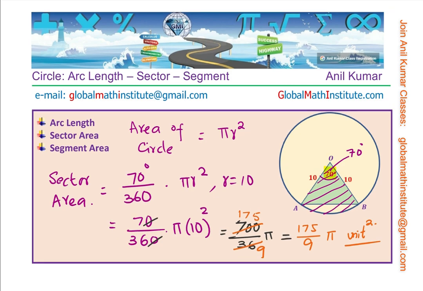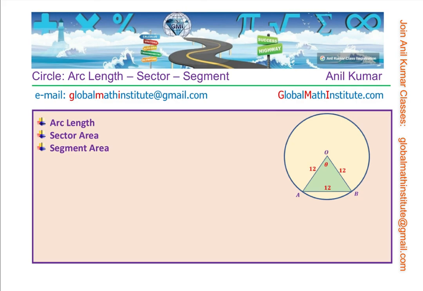Now let's take the second example, in which case we have a triangle whose sides are 12 each, right? So what kind of triangle is this? Well, this is an equilateral triangle, correct? Since it is an equilateral triangle, the angle theta is equal to 60 degrees, right?